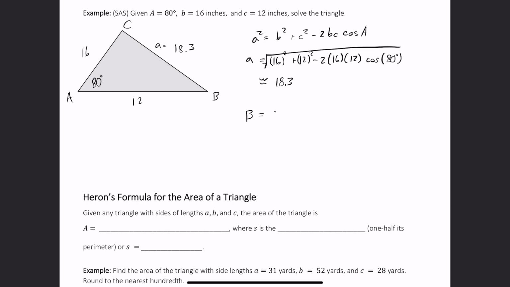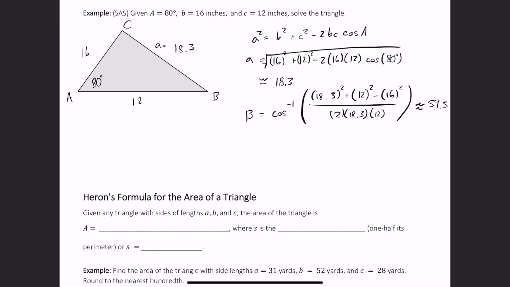So angle B will be equal to cosine inverse of, this should be equal to 59.5 degrees. And again, if you're doing this into your calculator all in one step, be sure to put parentheses on each term in order to get the correct answer.